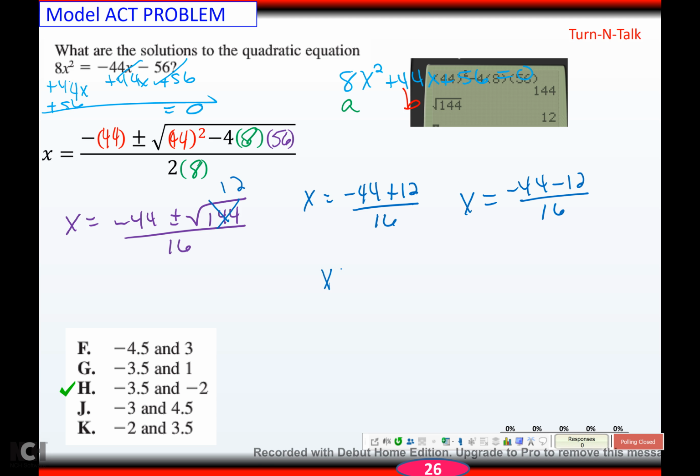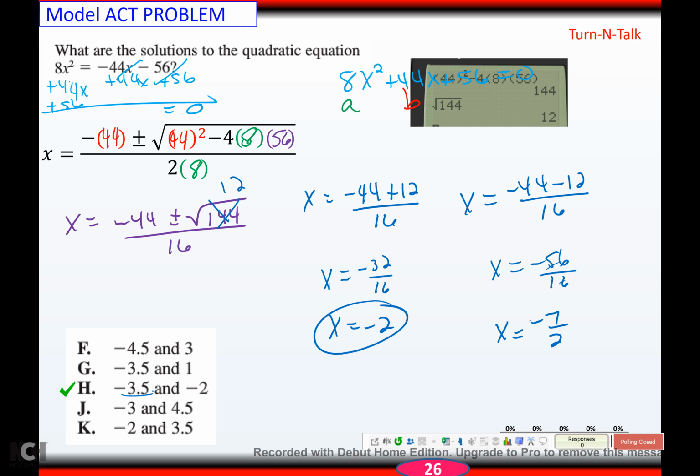So this one gives me x equals negative 32 over 16, which gives me negative 2. This one, x equals negative 56 over 16, which 16 isn't going evenly, but I can reduce it, and I get negative 7/2. 8 goes into both of them. And negative 7/2 is negative 3.5.